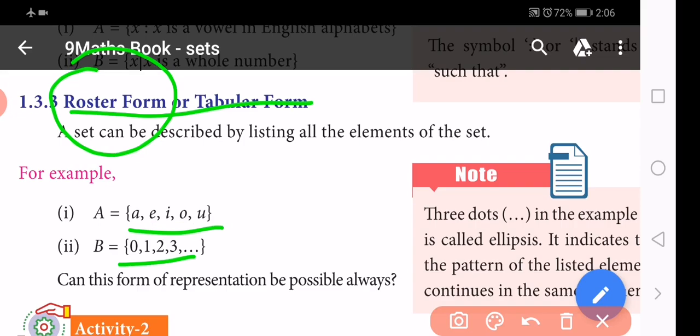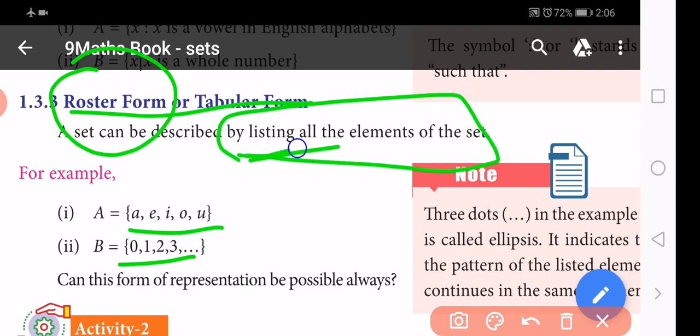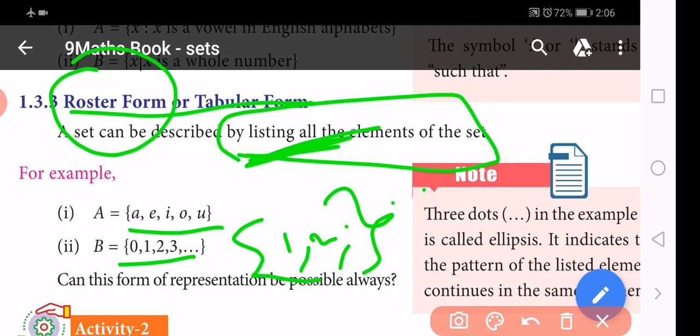In the roster form, we list all the elements of the set inside a pair of braces, that is curly brackets, separated by commas.